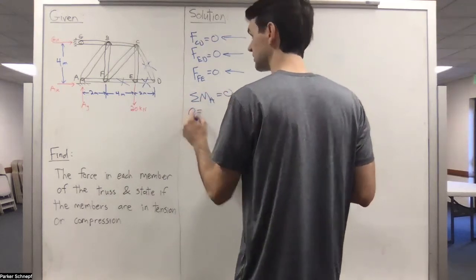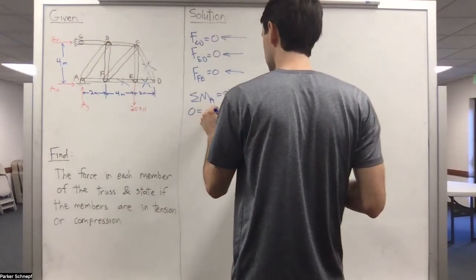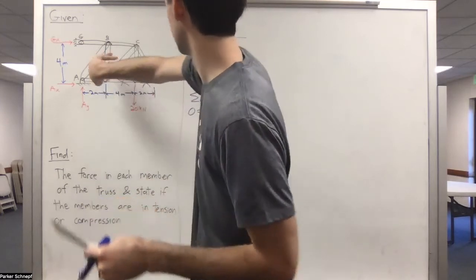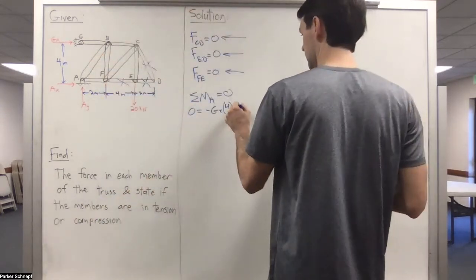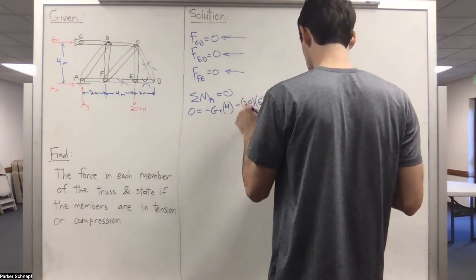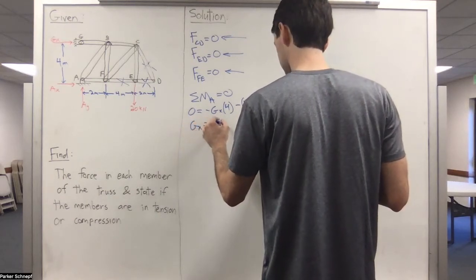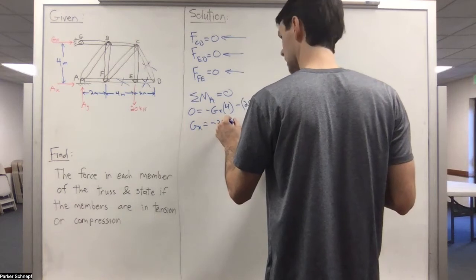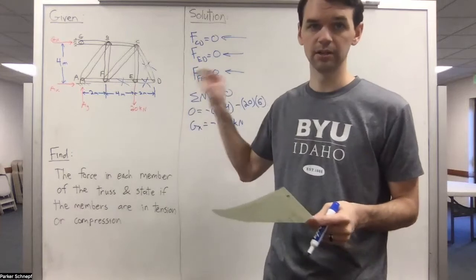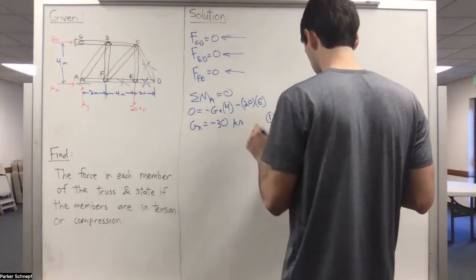G_X is going to cause a negative moment, so it's going to be negative G_X times 4. And this force would also cause a negative moment, so that's negative 20 times 6. I end up getting that G_X equals minus 30 kilonewtons. So it's minus, right? That just means G_X is actually, in reality, pointing the opposite direction. So let's keep track of that.